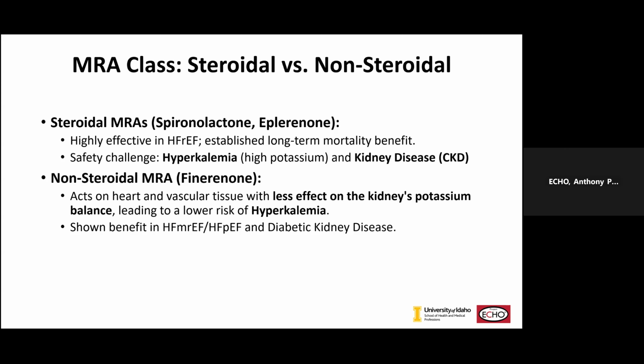That's where finerenone comes in, with less effect on the kidney's potassium balance, leading to a lower risk of hyperkalemia. And as we'll see moving forward, they have actually shown pretty good benefit in HFmrEF and HFpEF, which is your moderately reduced and preserved ejection fractions, along with diabetic kidney disease. Next slide.